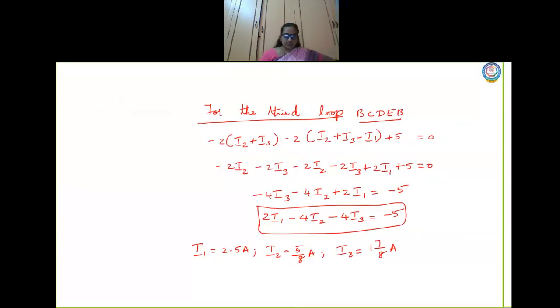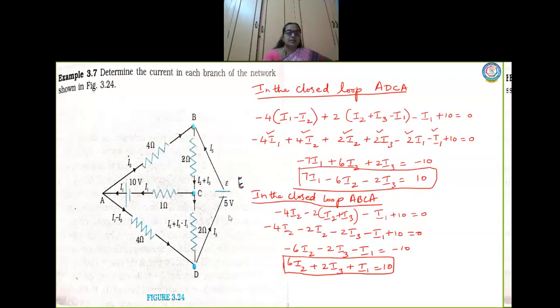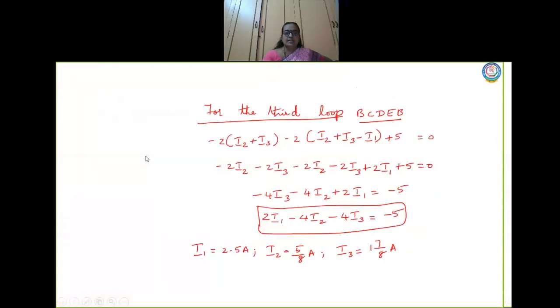Now look at your textbook. The current in the various branches of the network: AB, they have found out. AB is 5 by 8 A. Where is AB? AB is this. So when you multiply 4 into the value of I2, the value of I2 is 5 by 8. So the I2 value they have substituted.